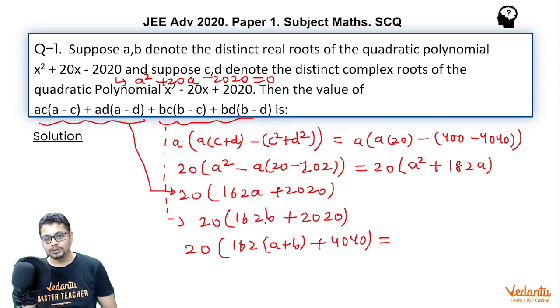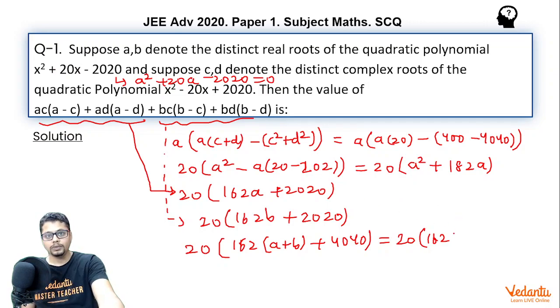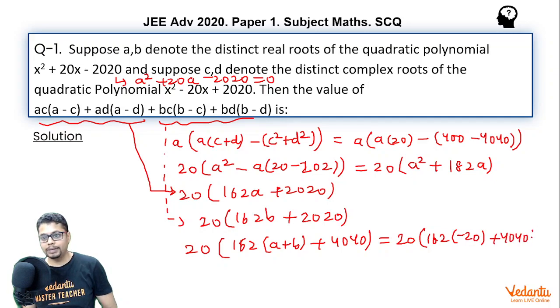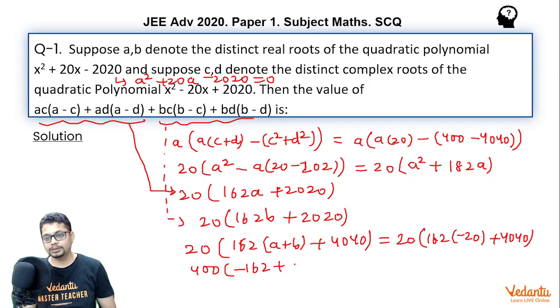So essentially it becomes 20 times (162 times (A plus B) plus 4040). What is A plus B? A plus B is the sum of the roots of the first polynomial, which is minus 20. Now again I may take 20 common from the inside expression, and 20 times 20 outside becomes 400, and the thing that I get inside is minus 162 plus 202. So basically it becomes 400 times 40.